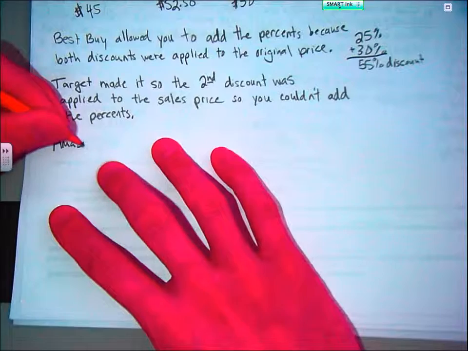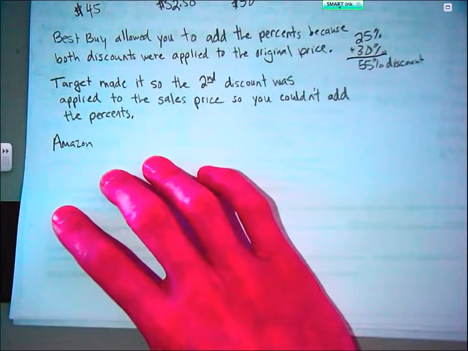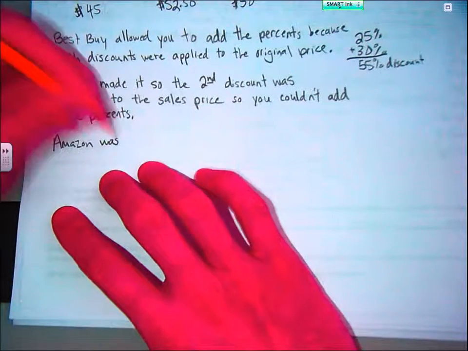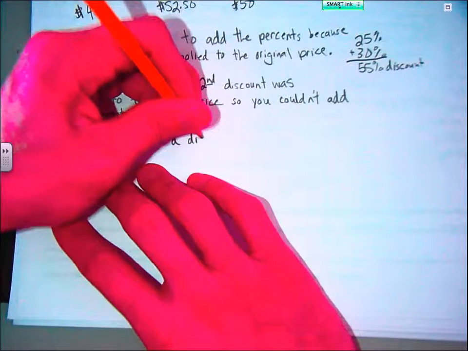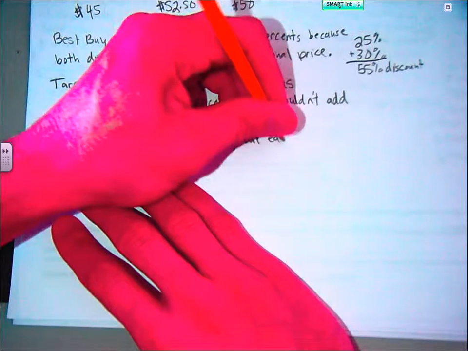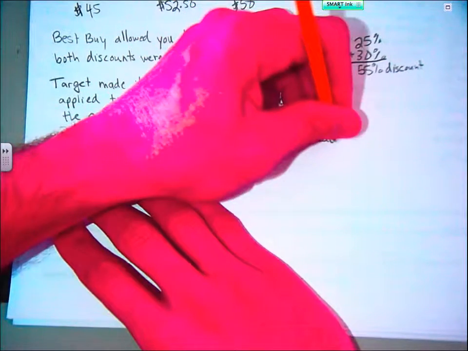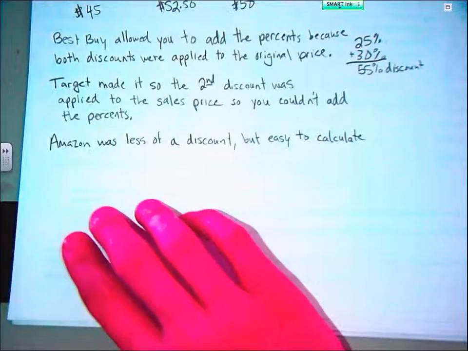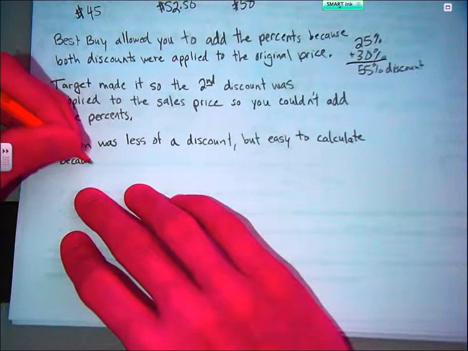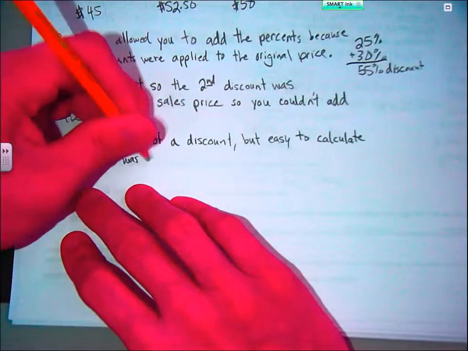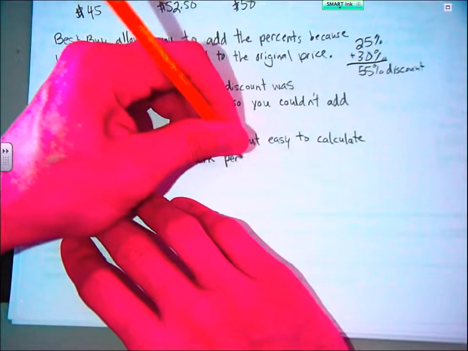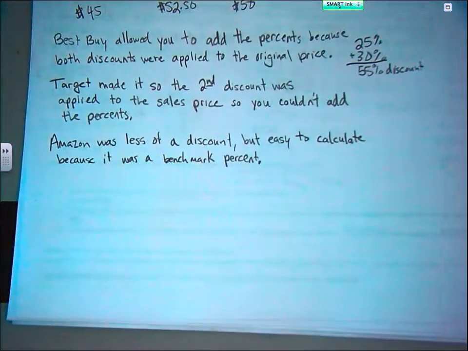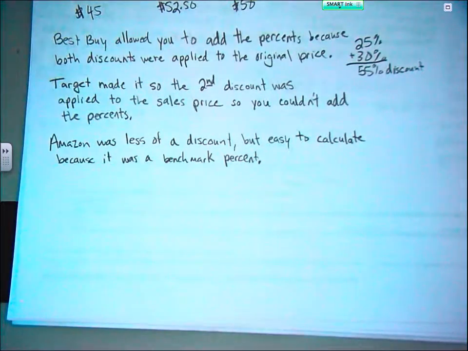Amazon was less of a discount. But easy to calculate. Because it was a benchmark percent.